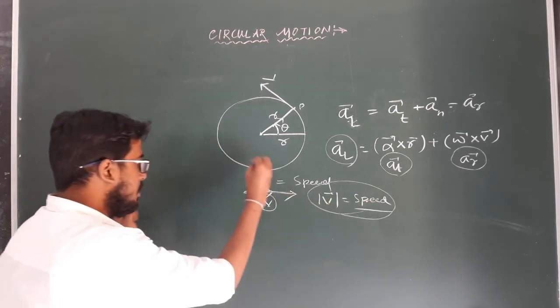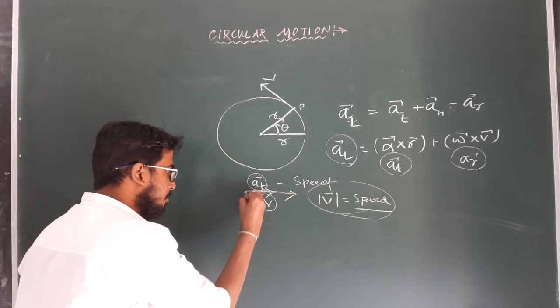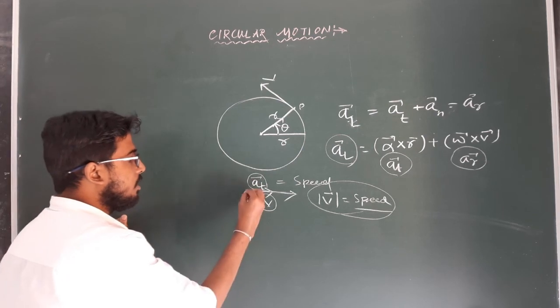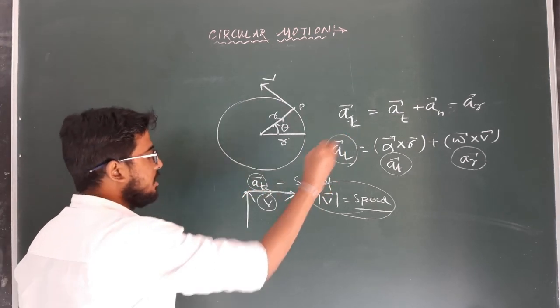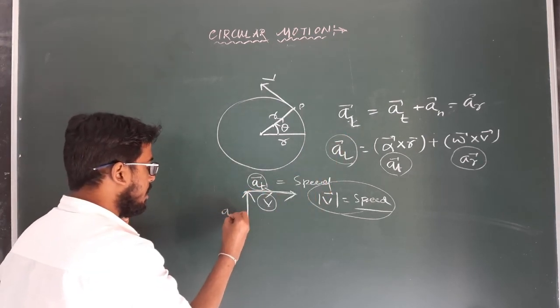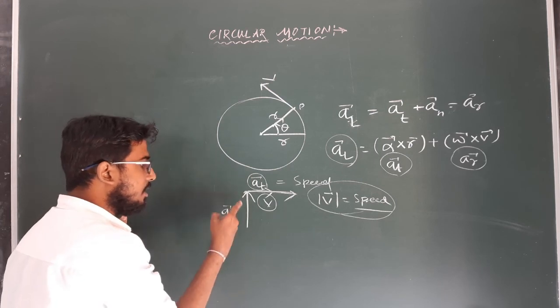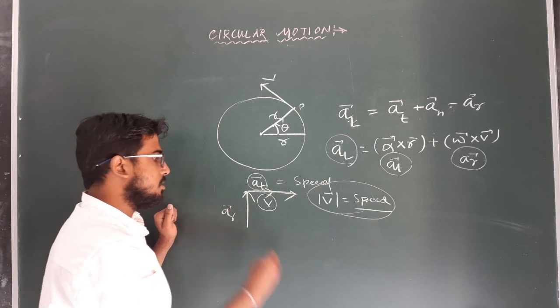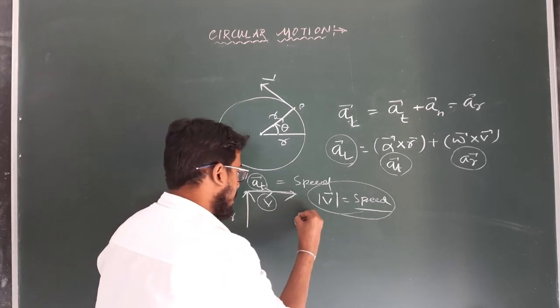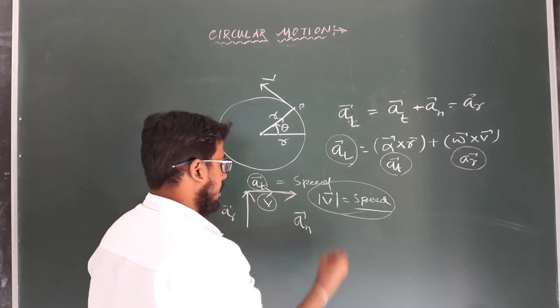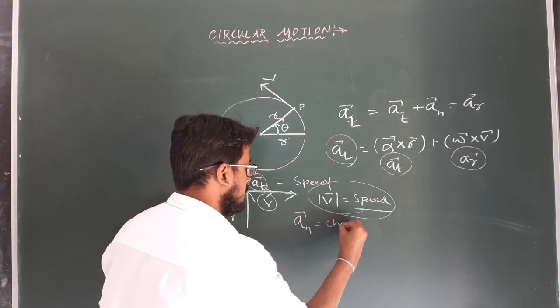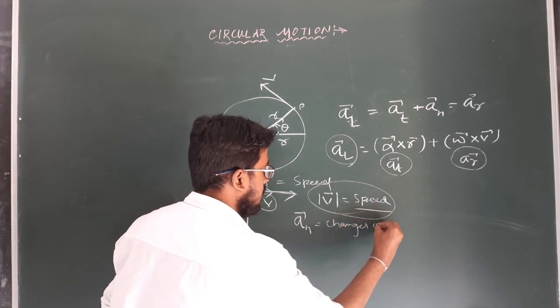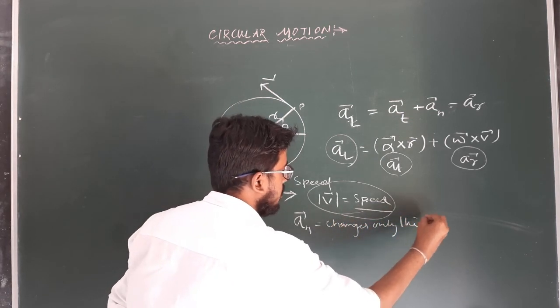So if the acceleration is along the direction of velocity, it is only responsible to change the speed, not the direction. But if there is an acceleration acting normal or perpendicular to the direction of velocity, known as the radial, then that acceleration is only responsible to change the direction of velocity. So the normal acceleration changes only the direction of velocity.